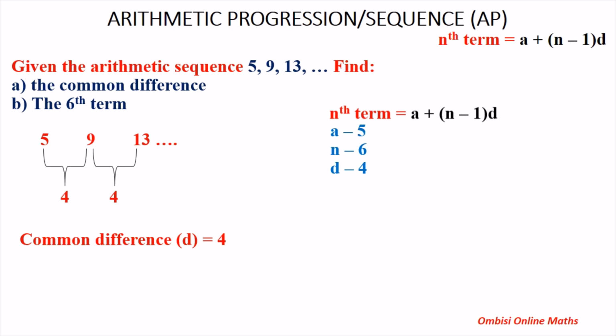So substituting all of them in the formula, we'll have 5 plus into brackets 6 minus 1 close brackets 4, which translates to 5 plus into brackets 5 multiplied by 4, which simplifies to 5 plus 20, which gives us 25. So it means that 25 is the sixth term of this sequence. So we clear all these ones and also look at another question.